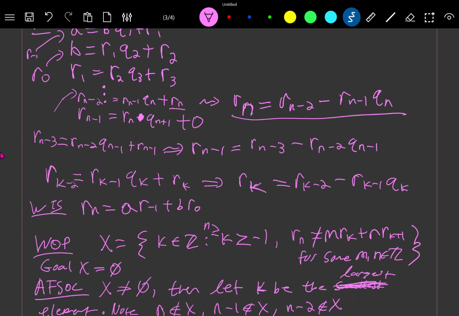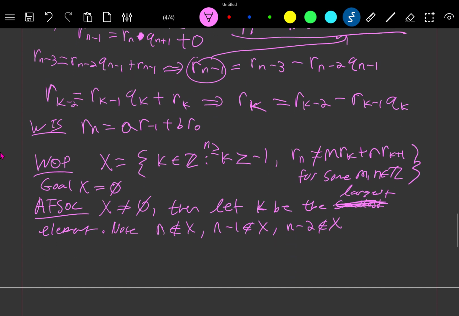And similarly, writing R sub n minus 3 and plugging this in here gives us R sub n minus 2 and R sub n minus 1. So if you take the largest index k, we note k plus 1 and k plus 2 are less than or equal to n.